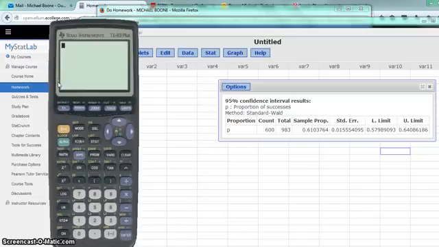But if we have 0.64086186 and we subtract 0.61033764. So just taking your upper limit, subtracting your p hat, your sample proportion, we get 0.030.